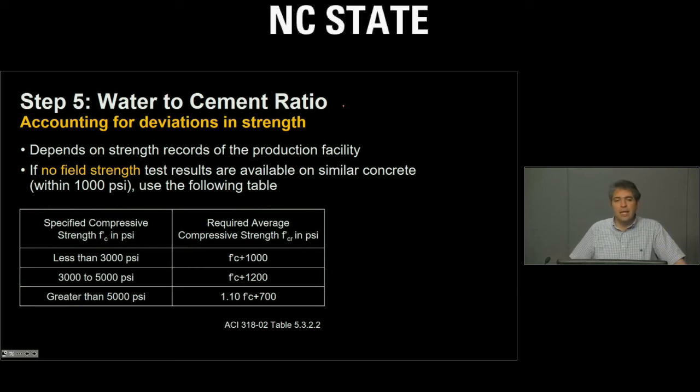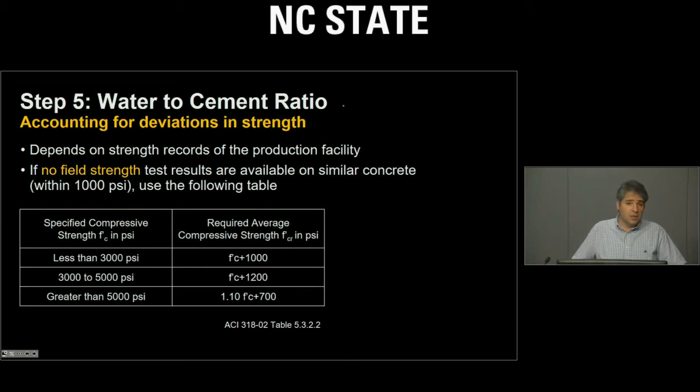For example, if someone specifies a compressive strength of 3,000, we want to see whether the ready-mix producer that wants to produce this with the local material that we have has any concrete that is, for example, 3,500 or in that vicinity, within 1,000 psi. In those cases, we will choose a different approach.